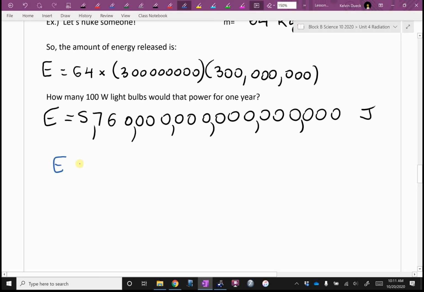If I take that capital E and I divide it by 100 watts, that will tell me how many light bulbs it would light for a second. If I divide it by 60 seconds in a minute, 60 minutes in an hour, 24 hours in a day, and 365.